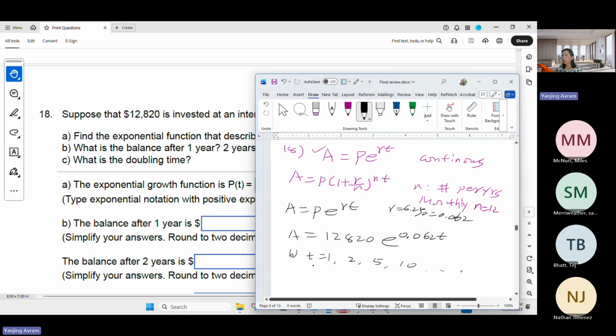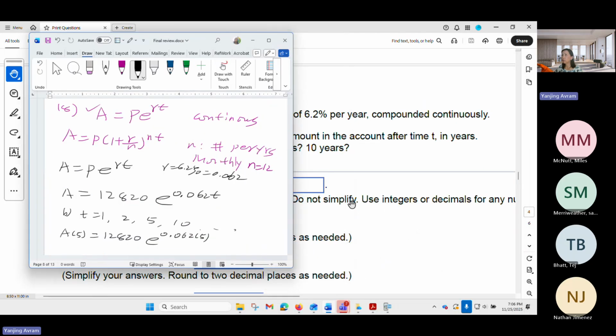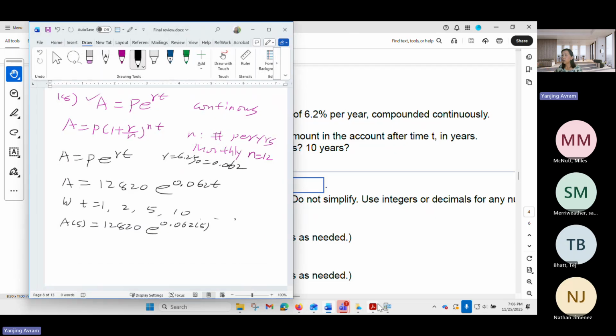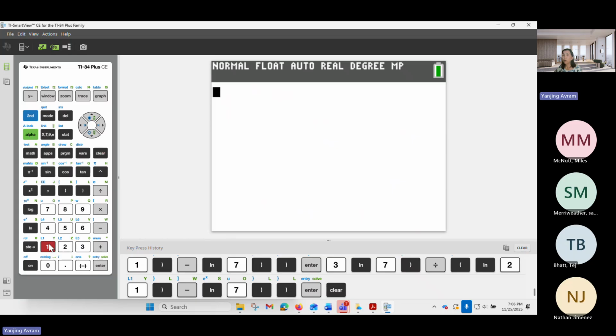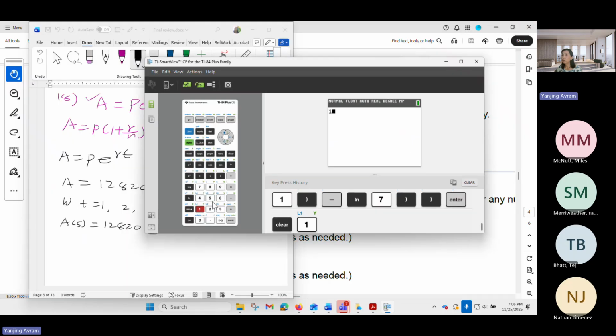I'm just going to calculate t equal to 5. How do you calculate? This will be times 5, and then we put this whole thing into the calculator. So 12,820 times e.